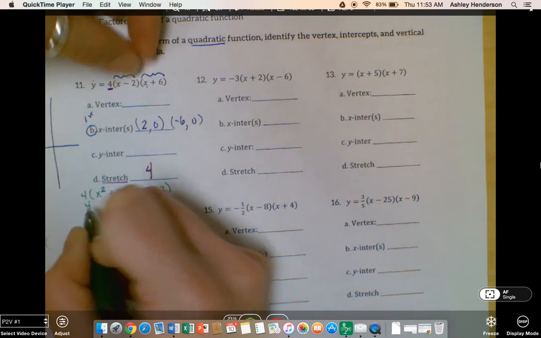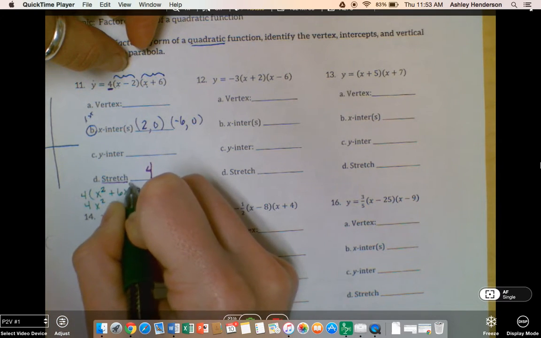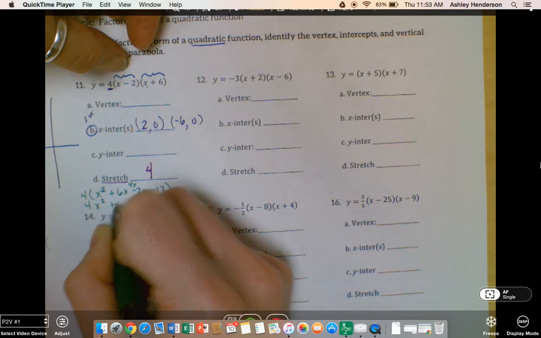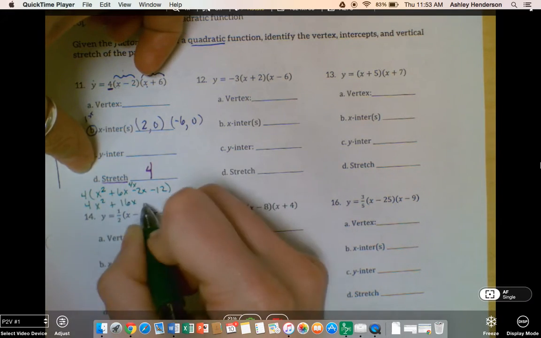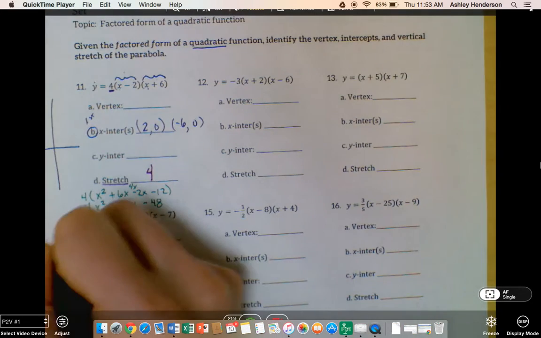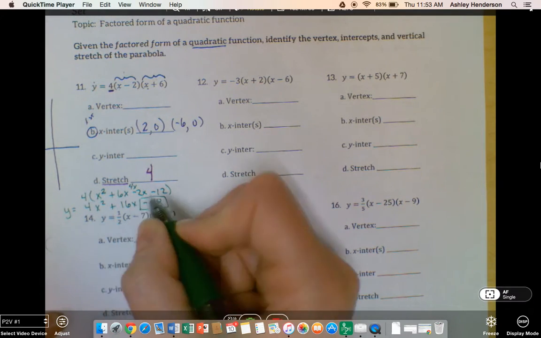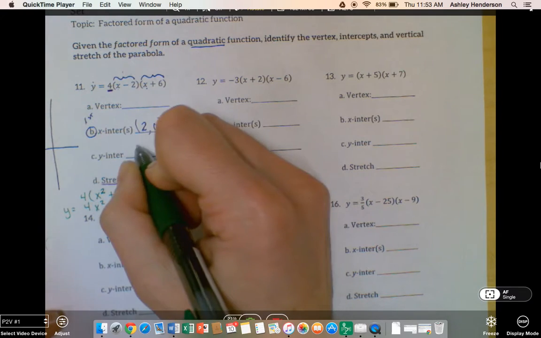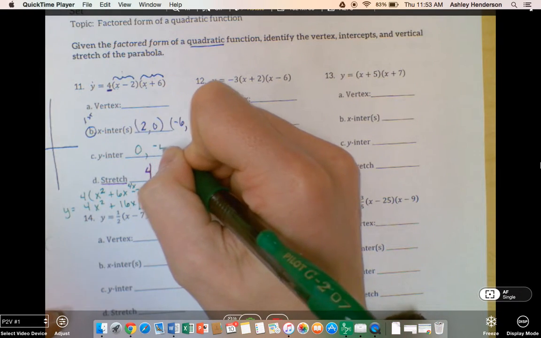So 4x squared, plus 16x minus 48. So now that it is in standard form, I can see my C term here at the end, which would be when I plug in 0 for x, what do I get out for y? It should be negative 48.